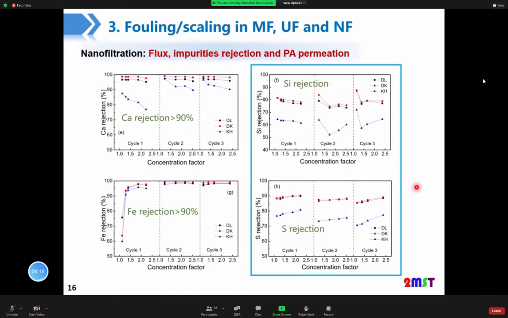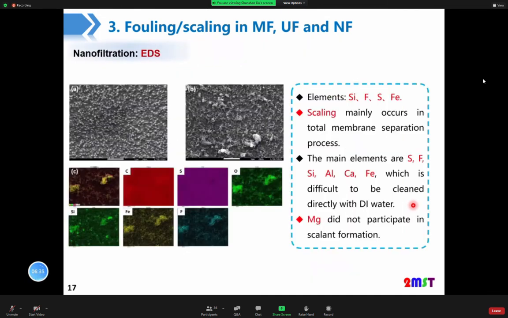The silicon and the sulfur have a relatively low rejection rate and will lead to serious membrane scaling, which should be removed in the pretreatment step. The scaling elements in the nanofiltration membrane are sulfur, silicon, iron, and fluorine.